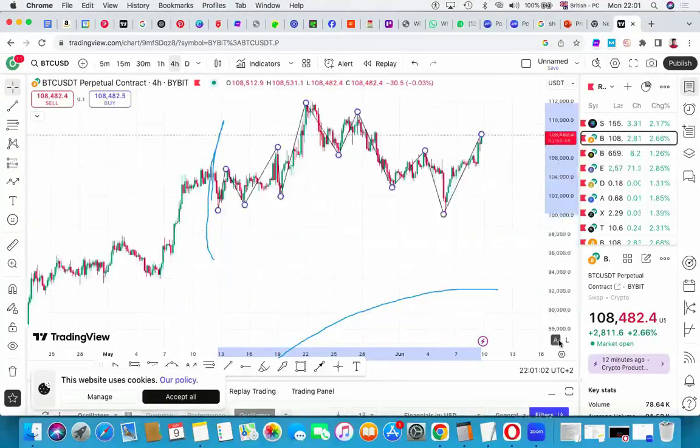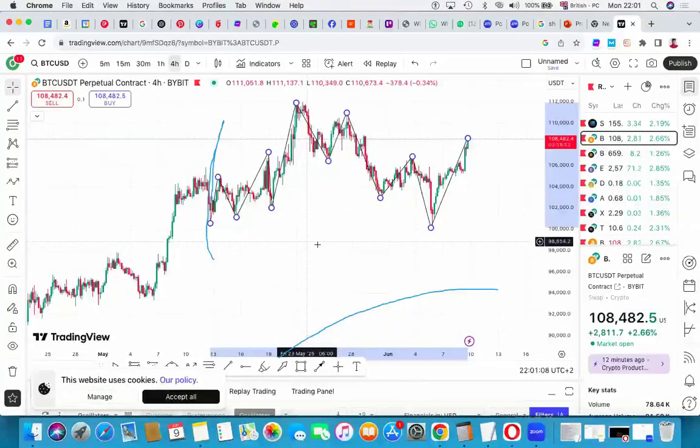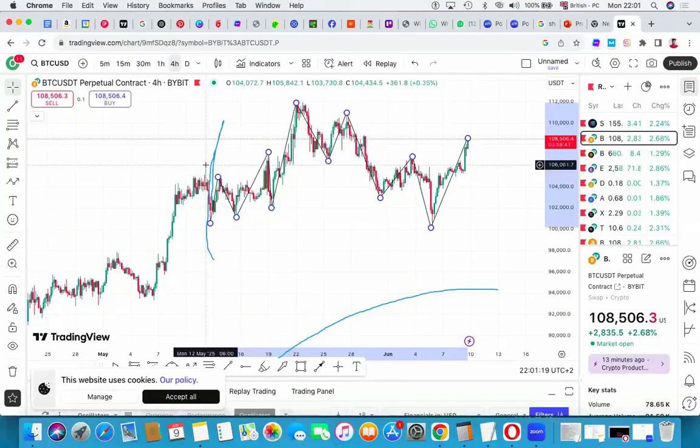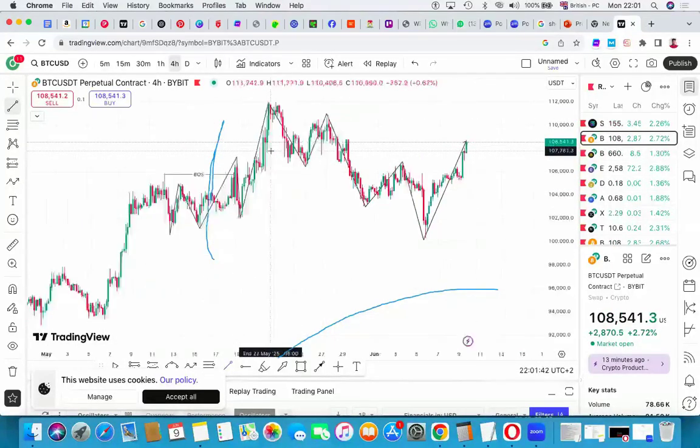But then there has been a change in the trend, because if you notice, the market was breaking structure to the upside from here. As we pick the trend from here, we have a break of structure in this area, and we also have another break of structure around here.